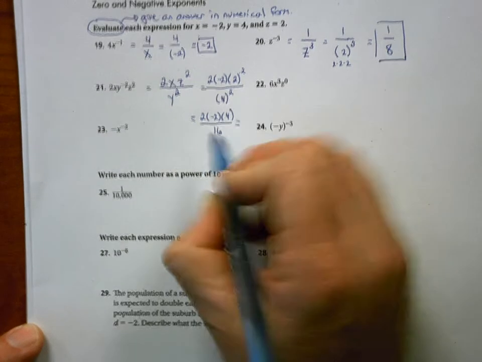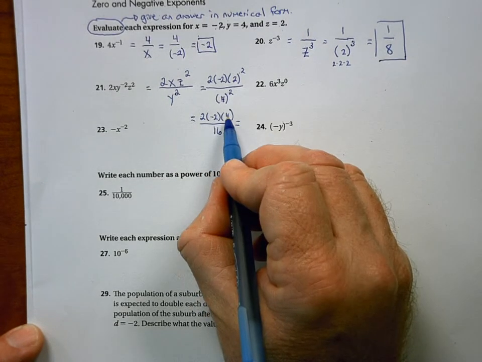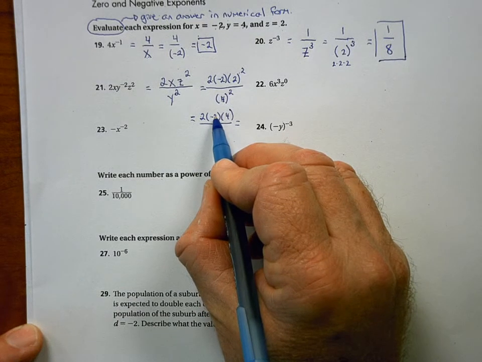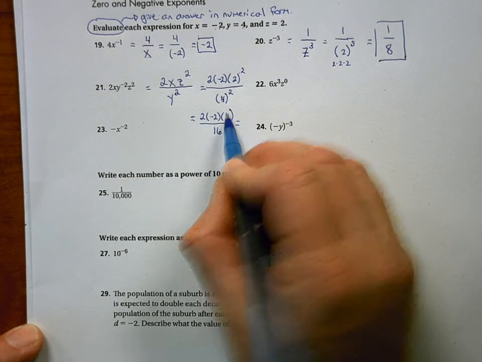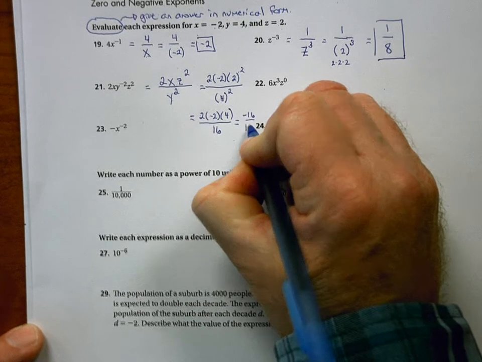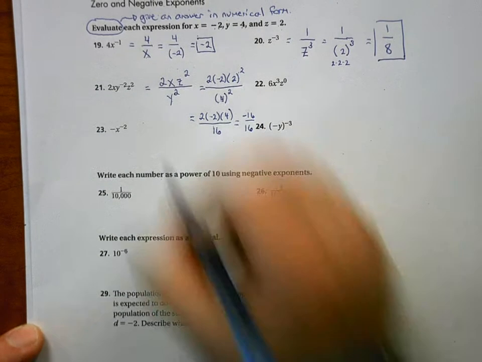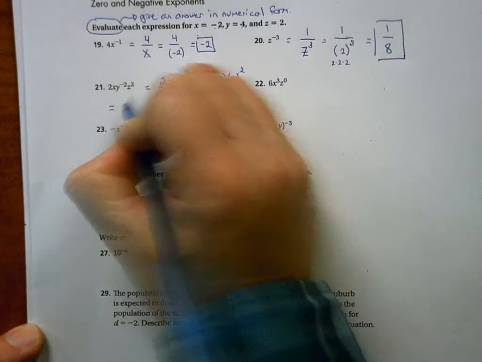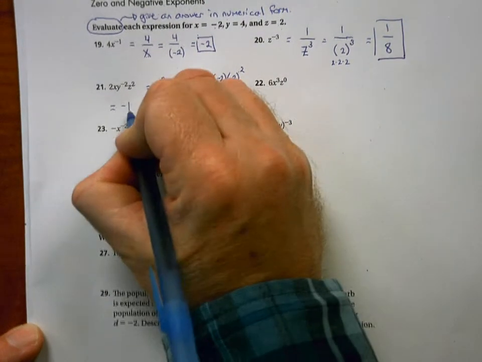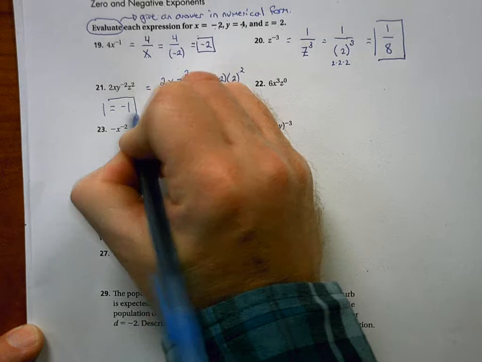Multiplying these top numbers out, 2 times negative 2 is negative 4. Negative 4 times positive 4 is negative 16. So I get negative 16 divided by positive 16. So number 21 should have turned out to be equal to negative 1. So number 21 was negative 1.